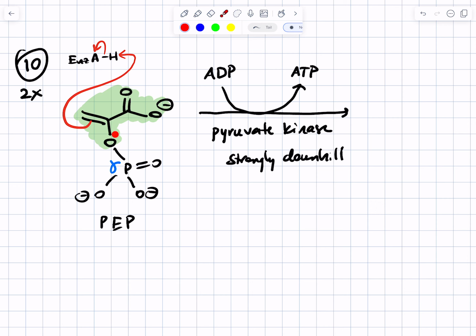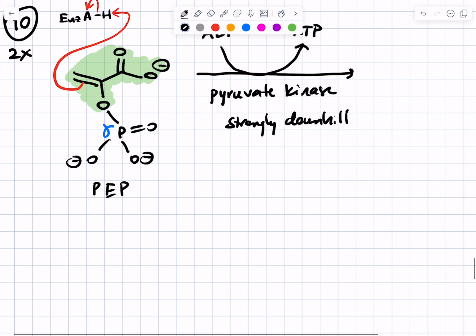A carbon-oxygen pi bond here with a positive charge on that oxygen. Does that give you a sense for why that phosphorus is really reactive? Because what can be kicked off is just a neutral ketone. So what we're going to show is in the same step, the oxygen from ADP is going to attack the phosphoryl group.